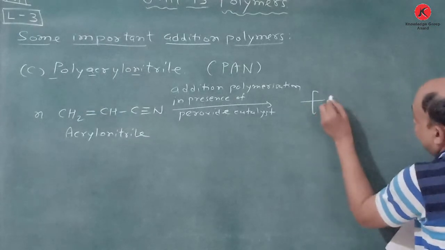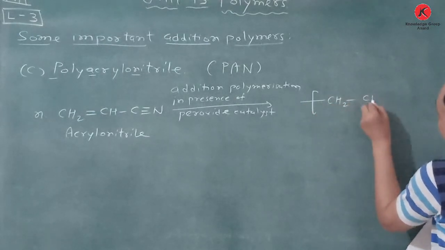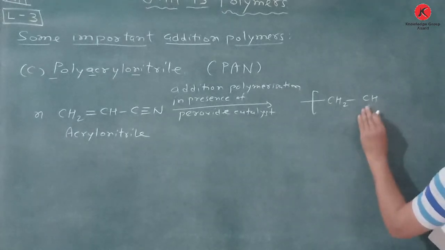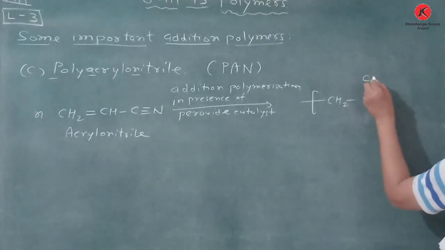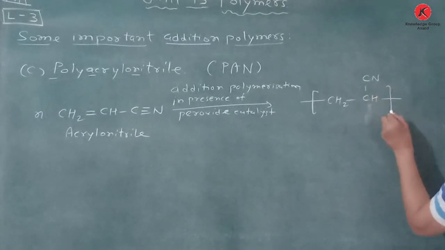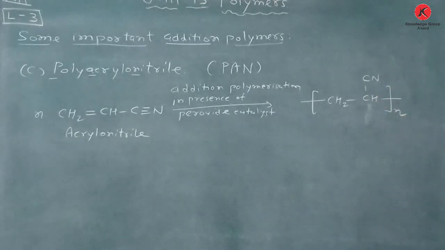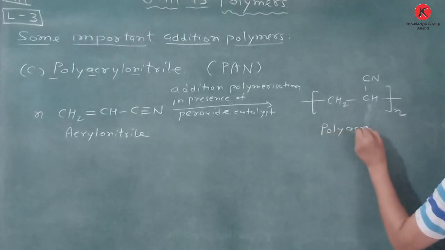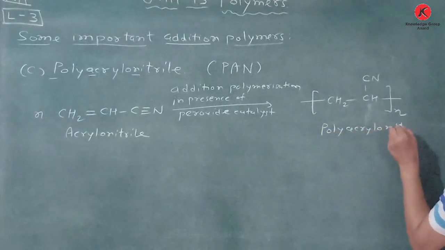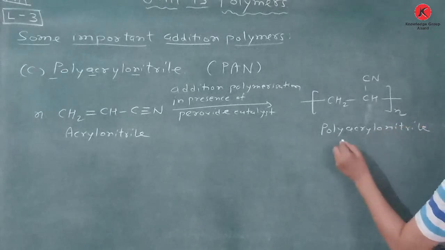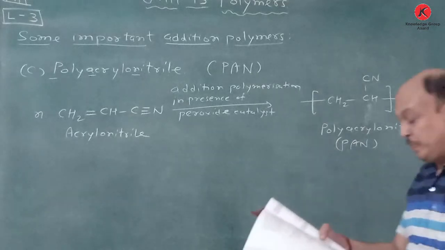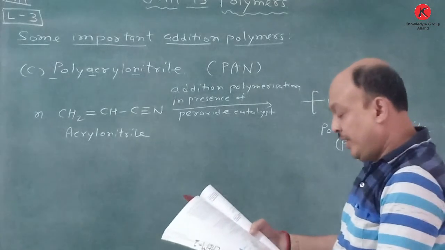The structure is like this: CH2, CH, C. Write it here, above side or below side, no problem. In the book it is written on the above side. This is nothing but polyacrylonitrile, another name is PAN.